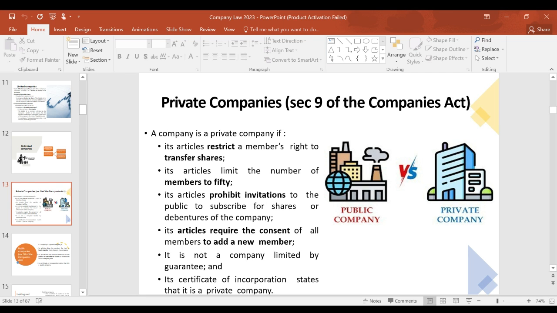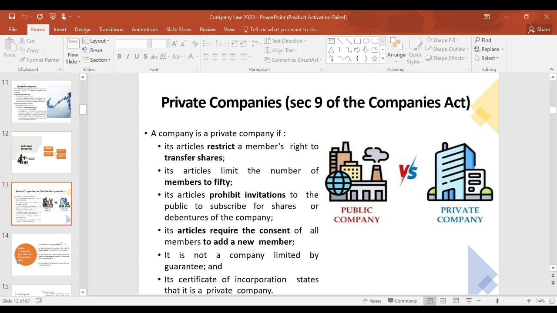For the private companies, the articles of association restrict the members who can join these particular companies, because the shareholding of the private companies is not freely transferable to other members. So its articles restrict members' rights to transfer their shares to outside parties.